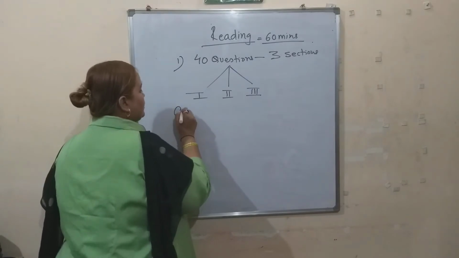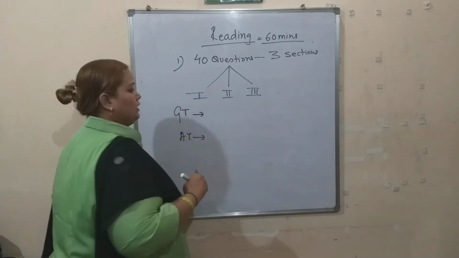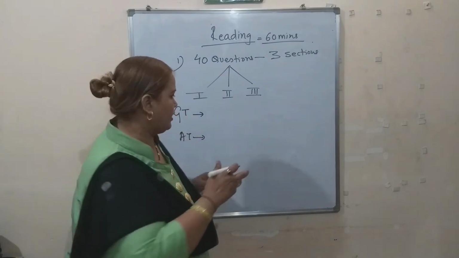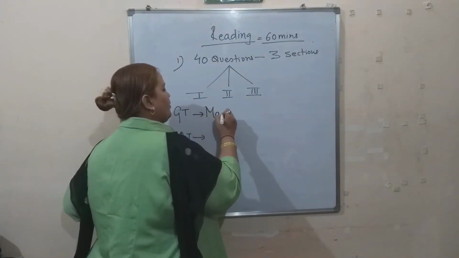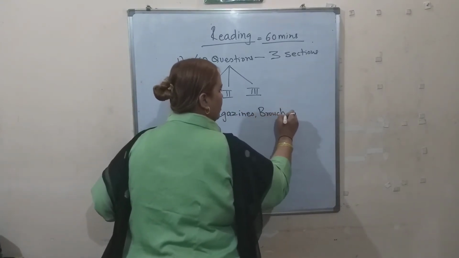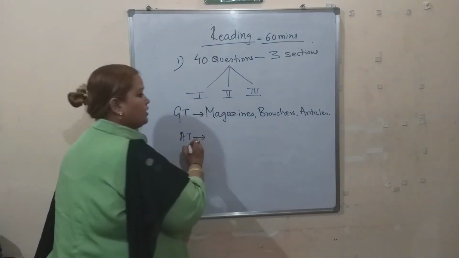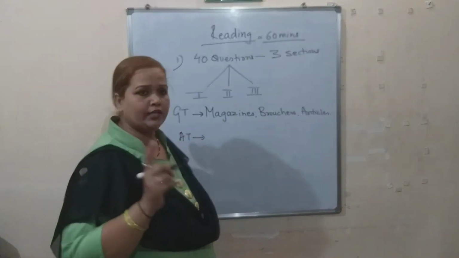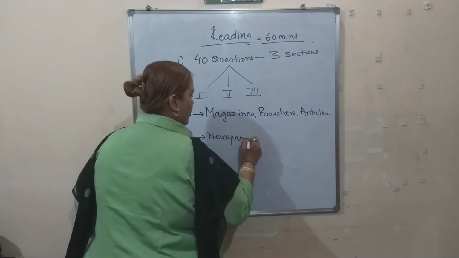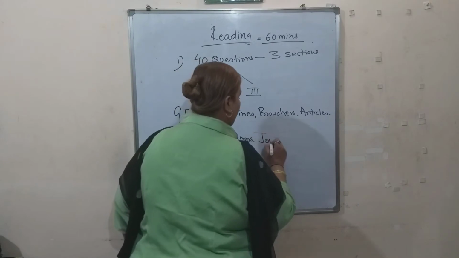For the general category and the academic category, the paragraphs given in the test are a little different. For the general category, you get them from magazines, brochures or articles. For the academic category, you get the paragraphs from newspapers or journals.